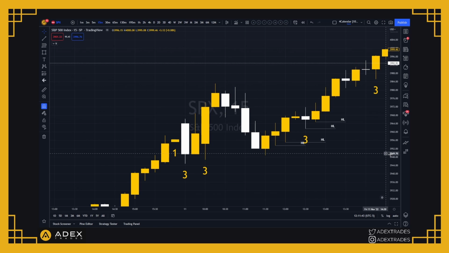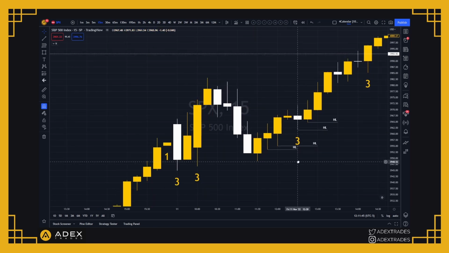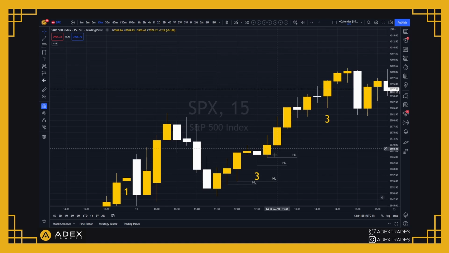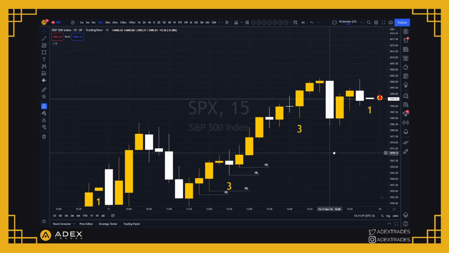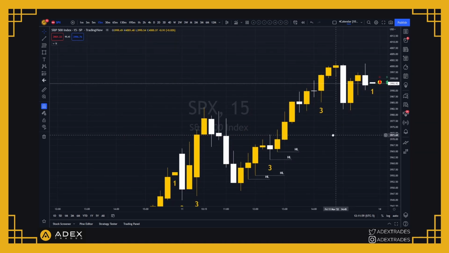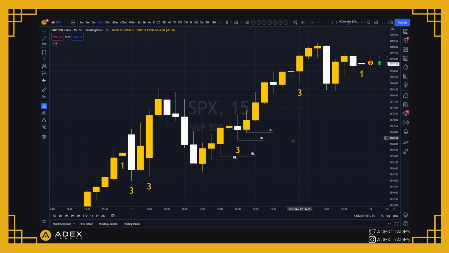That tells you the trend is up. You can come down, but as long as it's creating a higher low than the previous market structure, then you know it's still going up, if that makes sense.